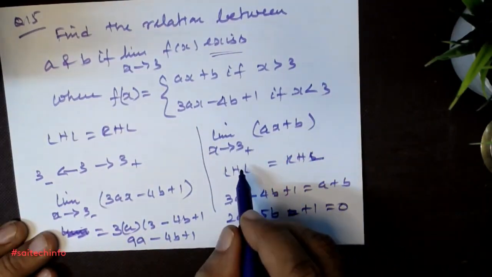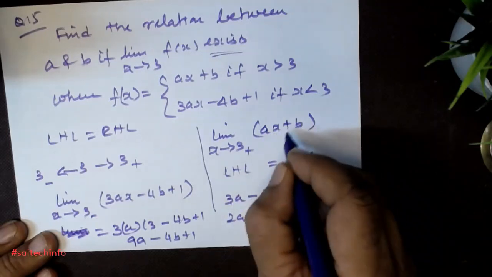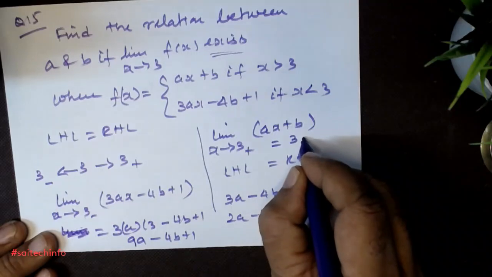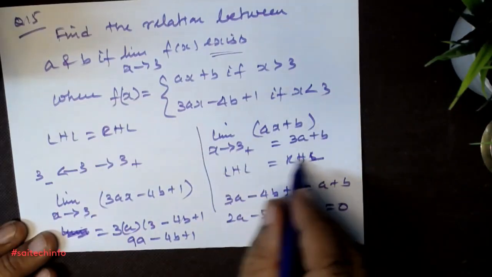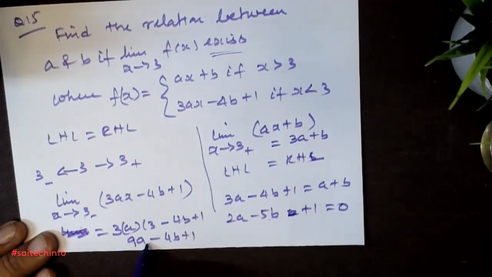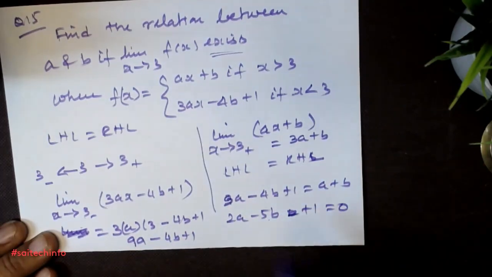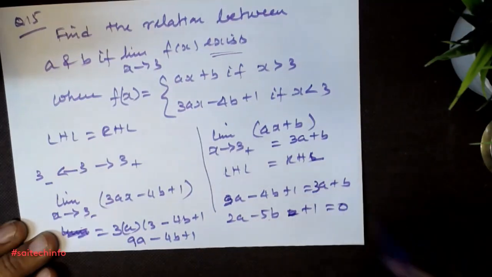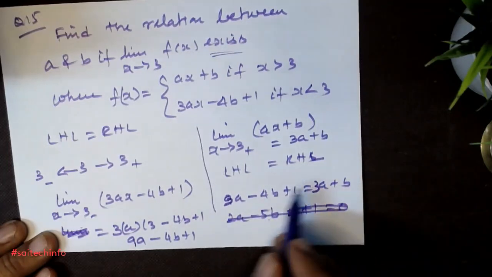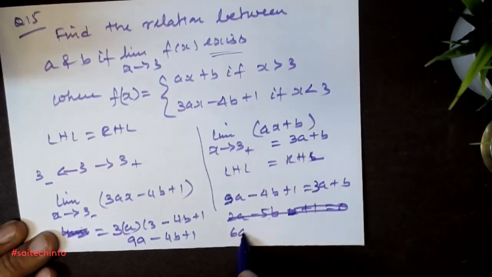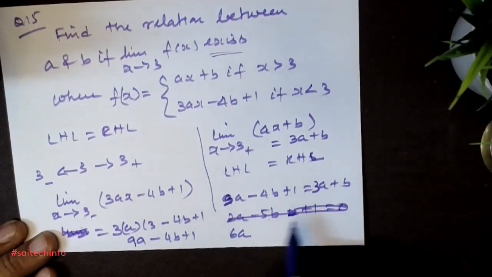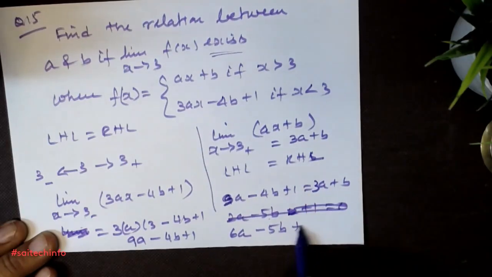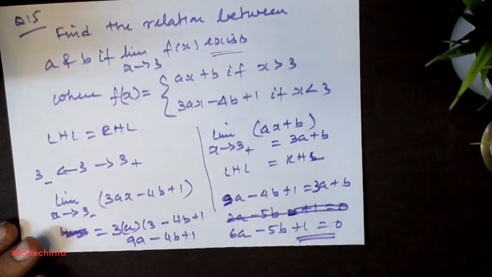RHL value, let me write here, x can be substituted, so that is equal to 3A plus B. Now LHL is equal to RHL, means this 9A, not 3A, 9A minus 4B plus 1, and here 3A plus B. Okay, now tell me the answer. This is 9A, 3A means 6A. This is 9A, 6A, and what about B? Minus 5B and then plus 1 is equal to 0. So this is the relation.